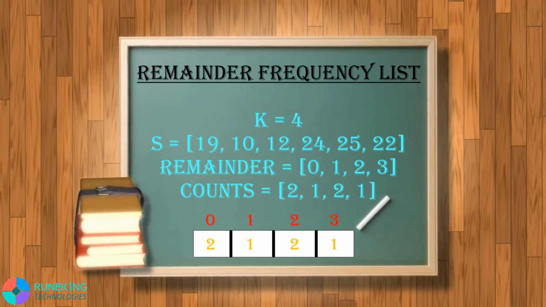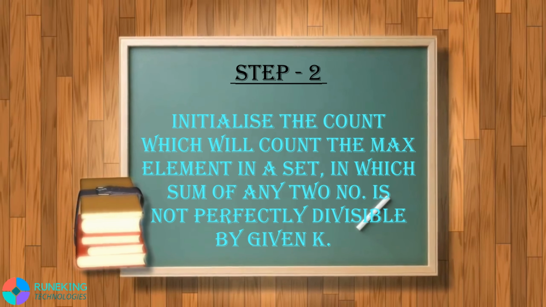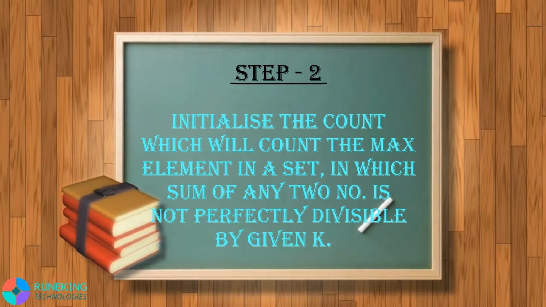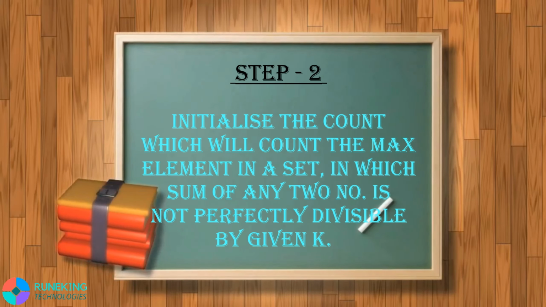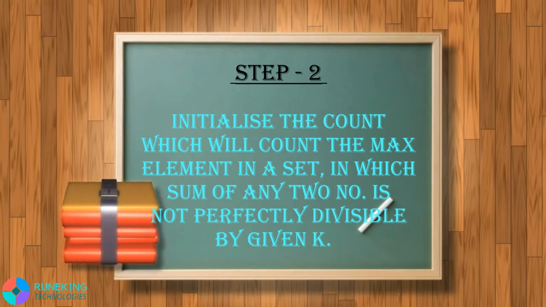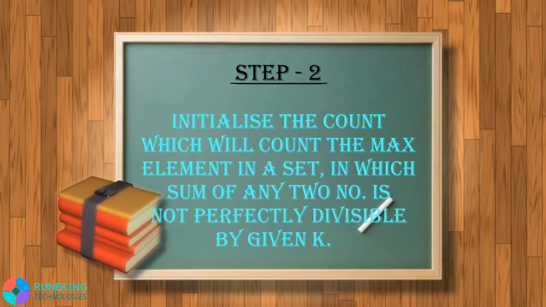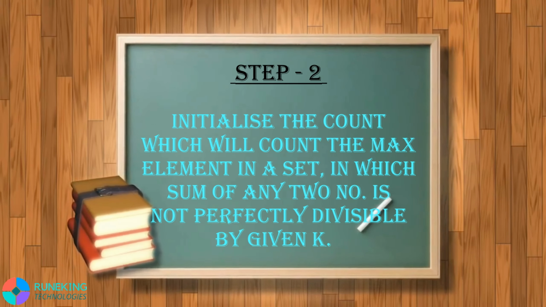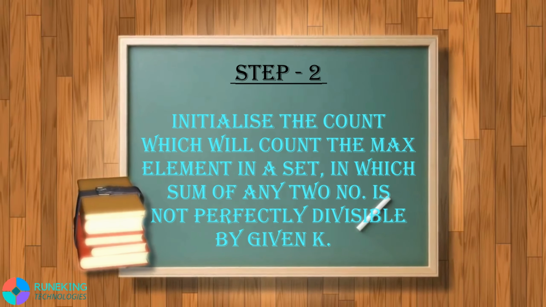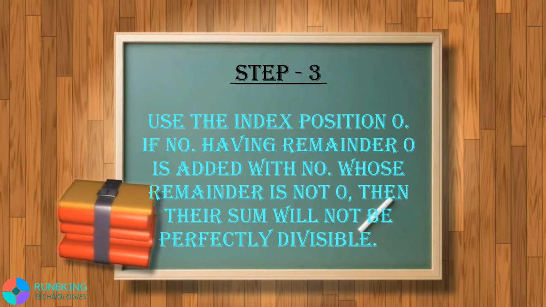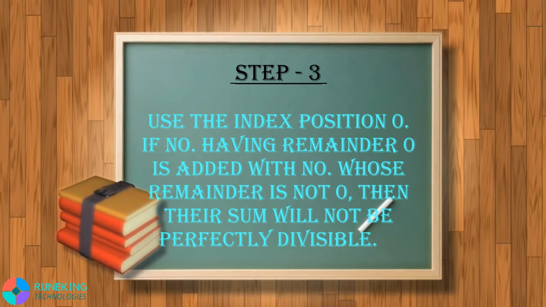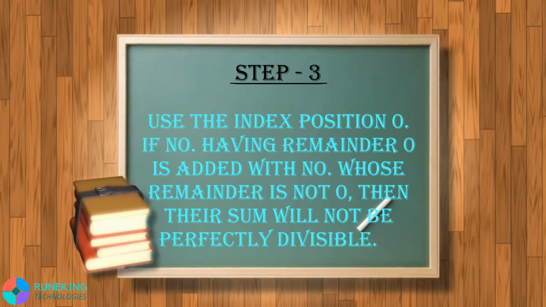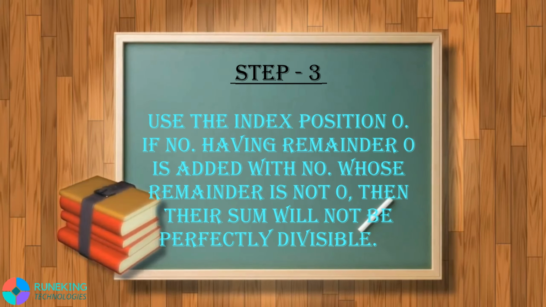Then our next step is step number 2, in which we will initialize a count that counts the maximum number of elements in a set that are not divisible by k. That means the count will be the result which we need to print at the end. Now comes step number 3. First of all, we need to check those elements whose remainder is 0. There will be multiple elements whose remainder is 0.